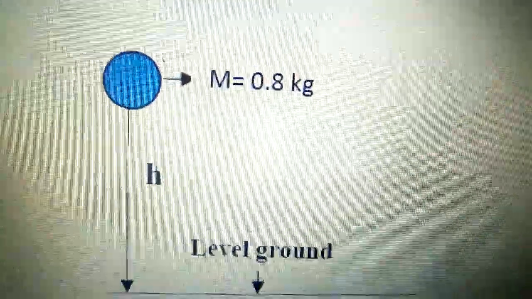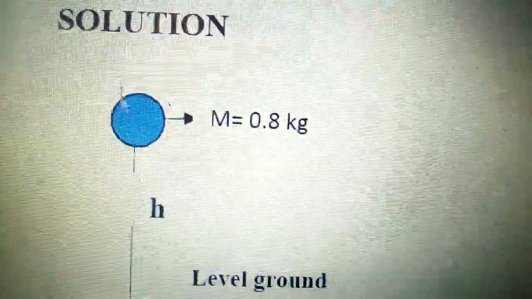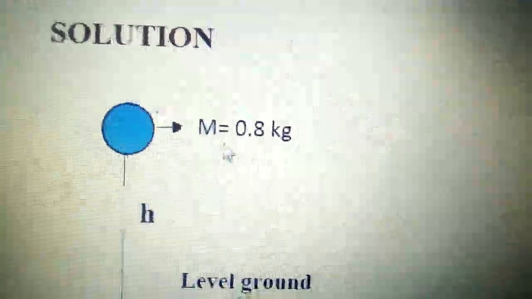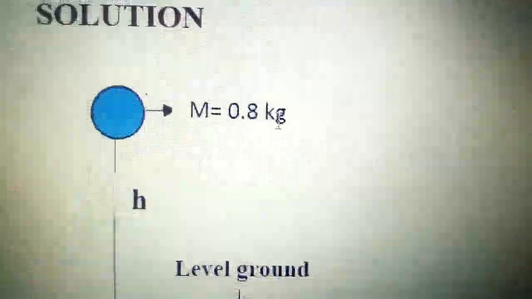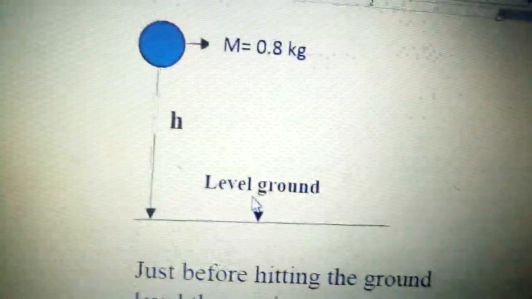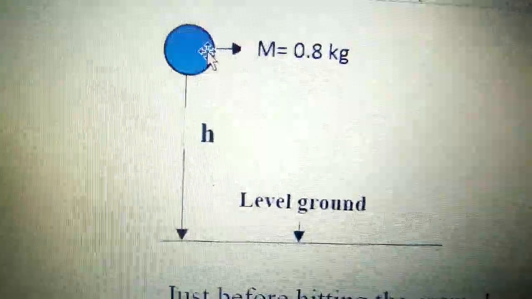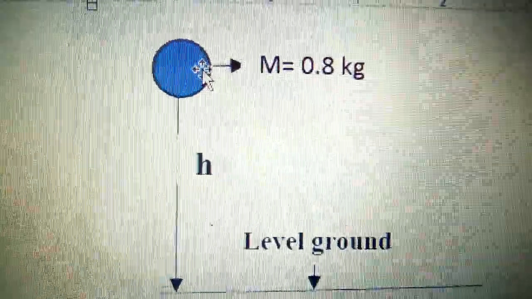Look at the schematic diagram there. You can see the ball of mass 0.8 kg dropped from a height h and falling to the ground level. When the ball is at the top of the height, it possesses maximum potential energy.